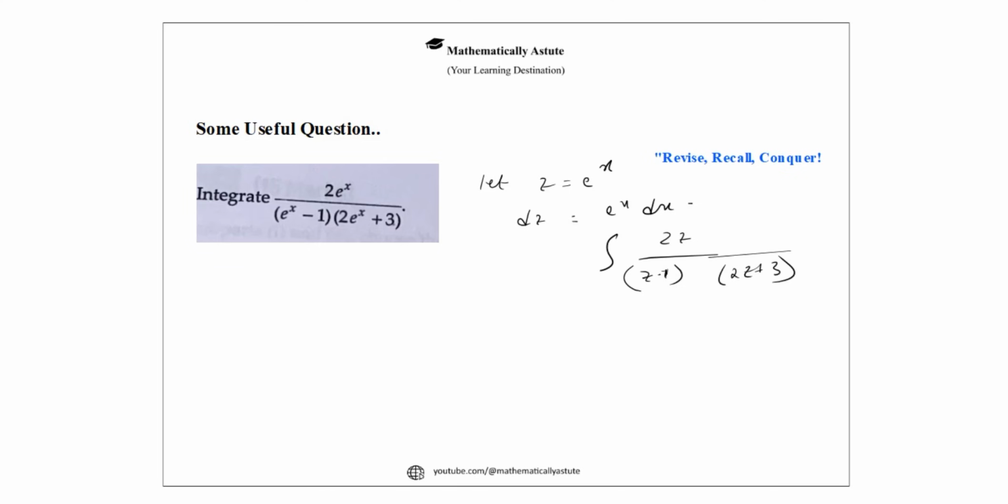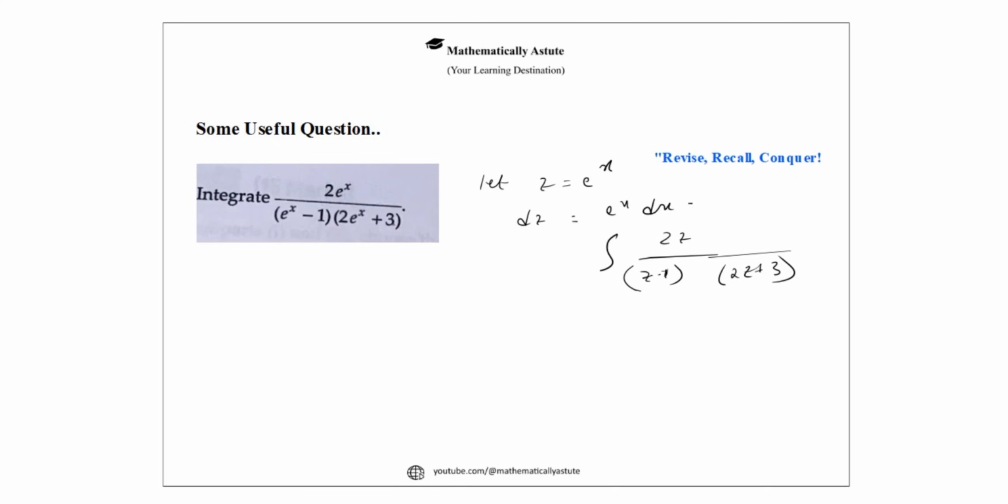Okay, so this is the formula for partial fractions. You can solve it in two ways. One way is the completing the square method, or you can directly calculate the integral by using partial fractions.